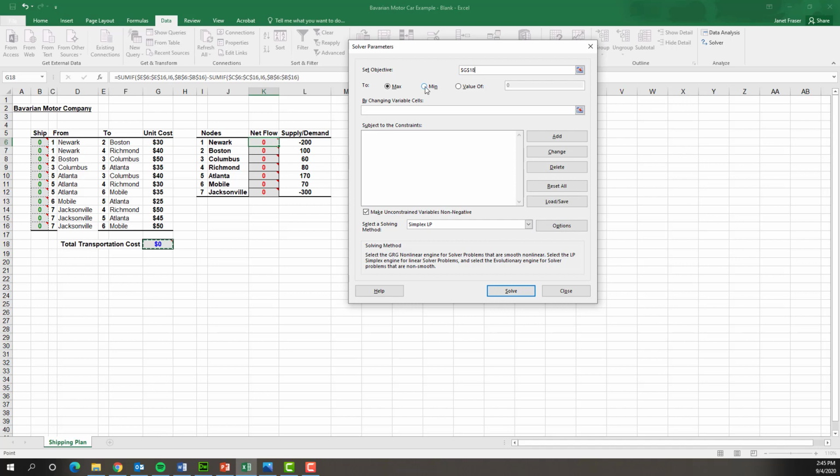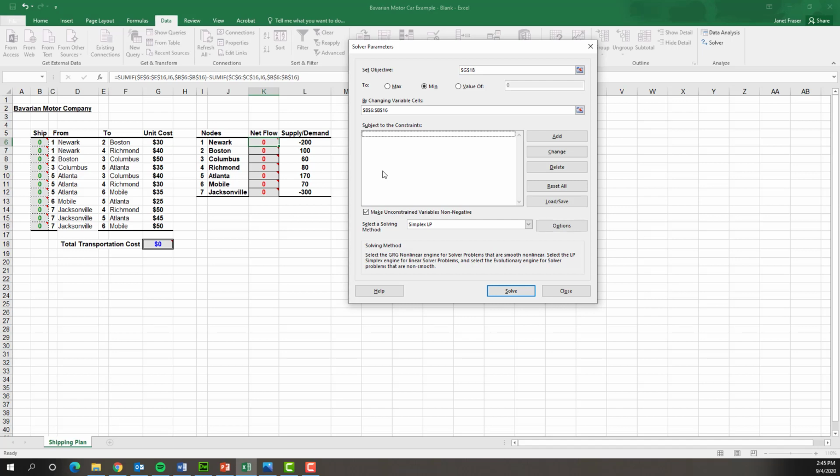So we want to make sure that minimize is selected. We're going to select our variable cells, and then we have to add a few constraints.